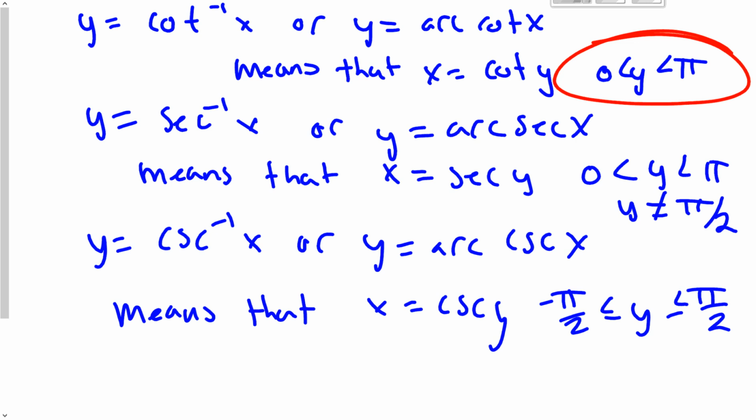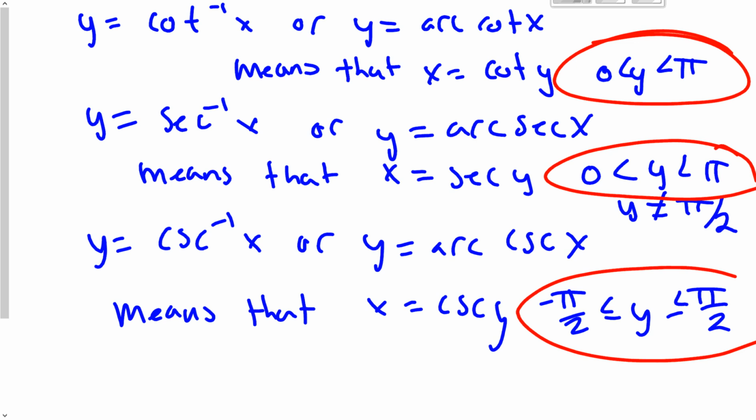Inverse secant goes between 0 and pi because of vertical asymptotes, but we also have a vertical asymptote at pi halves, so it also can't be pi halves. It's between 0 and pi, but it can't be pi halves. And then cosecant is between negative pi halves and pi halves. Those are the ranges of their answers.